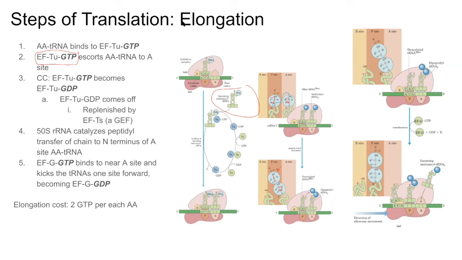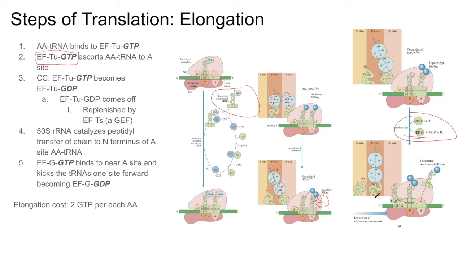To do that, there is this protein called EF-G, which we don't show here, but basically it acts like a boot that comes in and kicks them one slot to the left. EF-G will shift this empty tRNA to the E site and the peptide tRNA to the P site, and leave the A site empty. This process requires GTP, and it will only hydrolyze once it can do the kick.